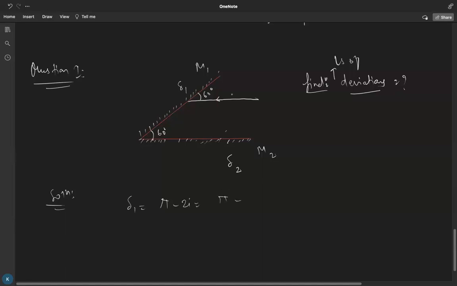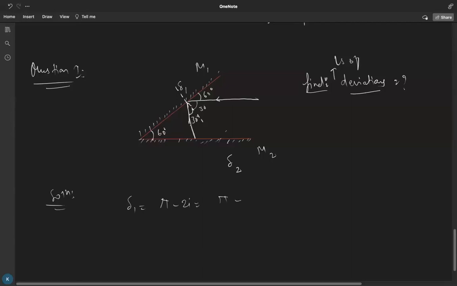So pi minus, let's draw the normal here, right? When you draw the normal, this is 60, so this is 30 degrees. We all know that from angle of incidence equals angle of reflection, this is 30 degrees.